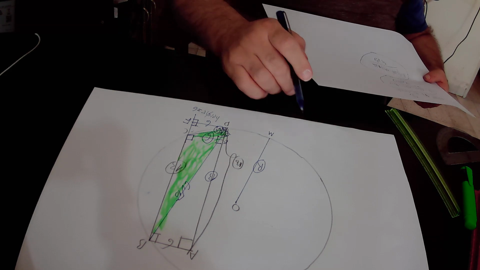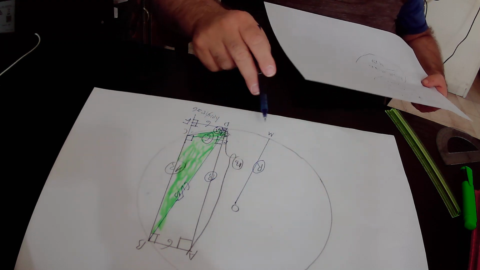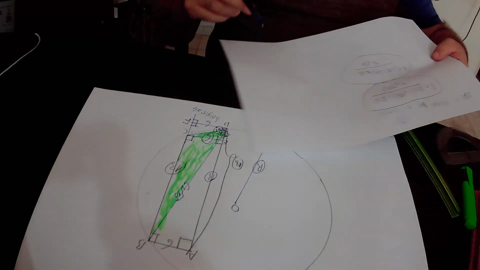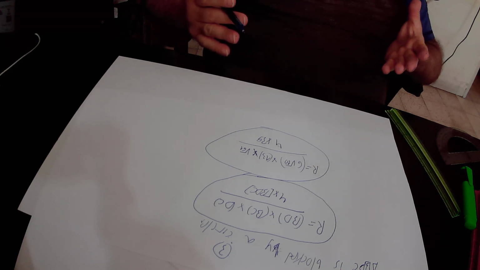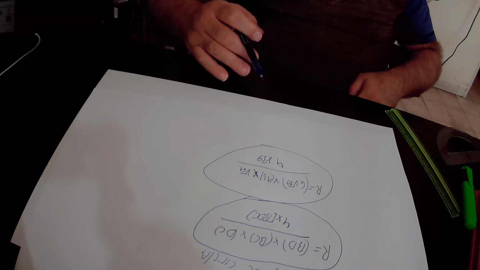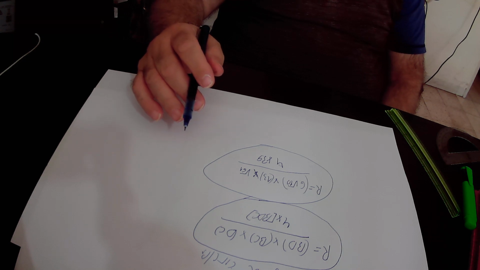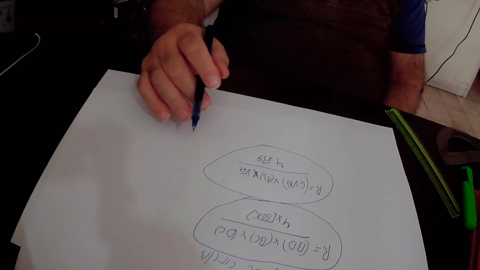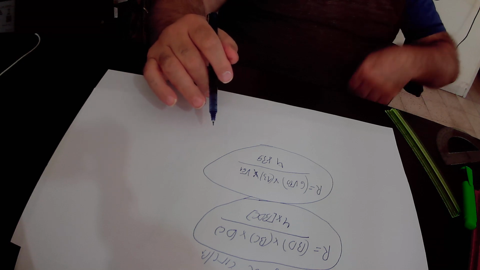In this question we ask to find the radius of this circle, and the radius of this circle, capital R, equals this expression. So in the next step we will just simplify this expression, and we finish with the first method of this question.